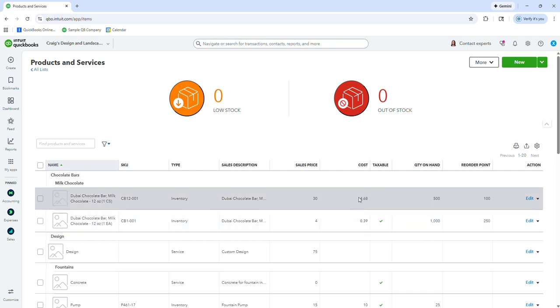And with costs, again, QuickBooks does not have bill of materials, so we don't know what makes up this $4.68, what type of raw materials, what kind of packaging gets you to this sort of landed cost.